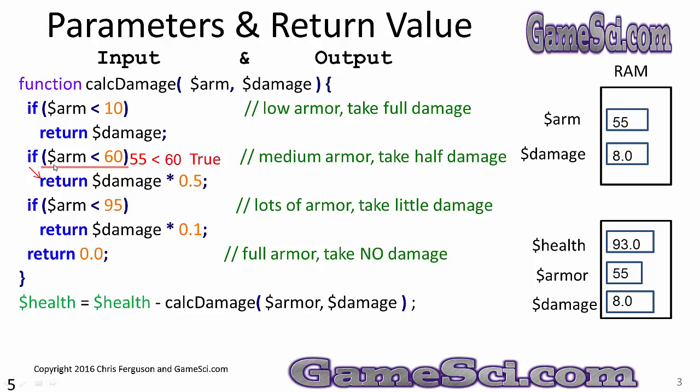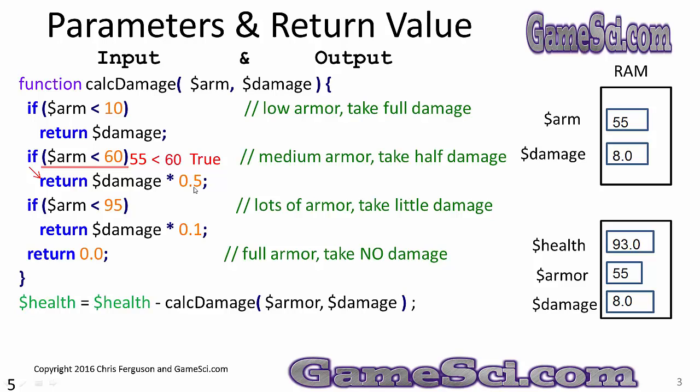Now on the second if statement, 55 less than 6 is a true statement. We have a medium amount of armor. We don't have full armor, but we have some armor on us. So what we've decided to do as a true statement is we're going to come in here and execute this return statement. And the return statement says if I have roughly medium or half of the armor that I could have, I should only take half damage.